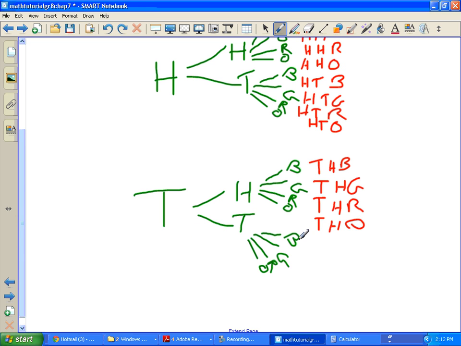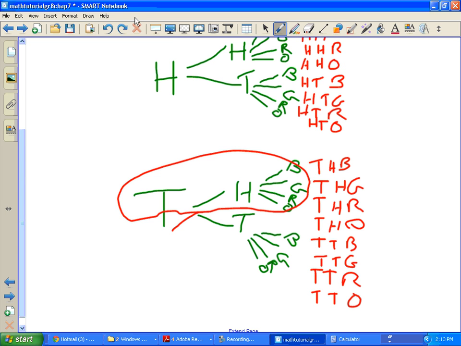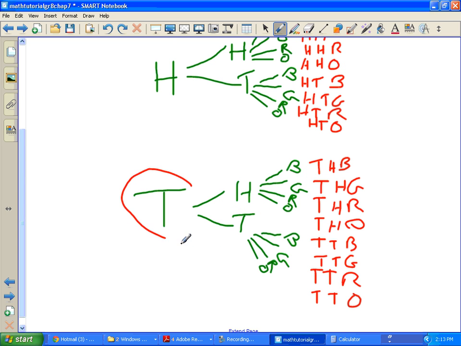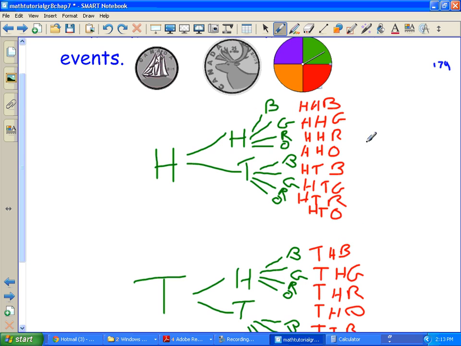So it would have been tail, tail, blue, or tail, tail, green, or tail, tail, red, or tail, tail, orange. So as long as you take it one step at a time and deal with just one batch, and then after you're done with that batch, you deal with the tail part of it, and just write out your possible outcomes, you should have no problem figuring out all the possible outcomes you could get.